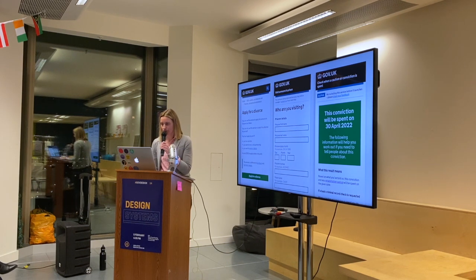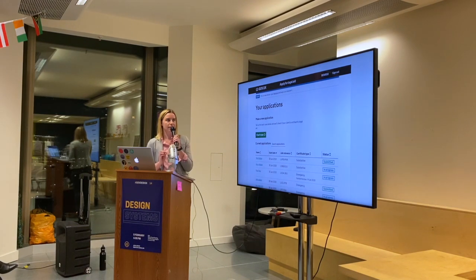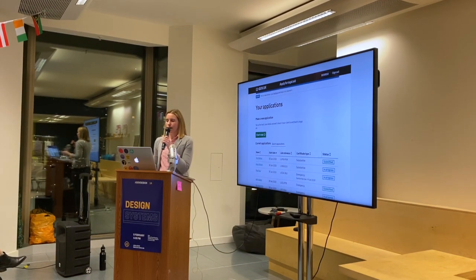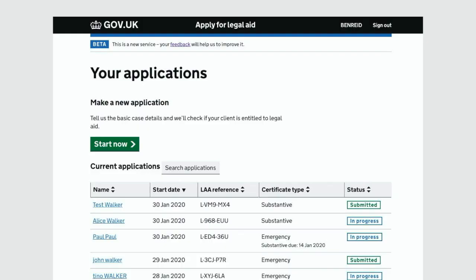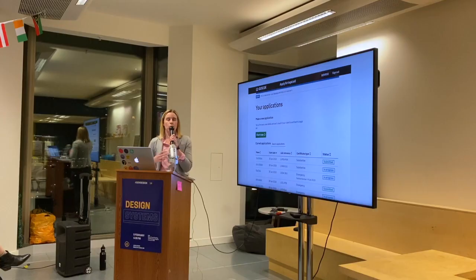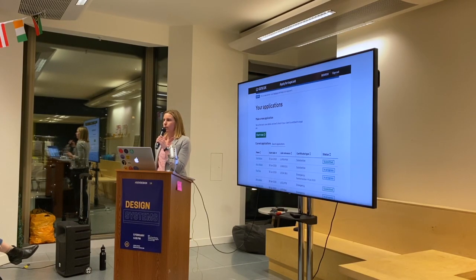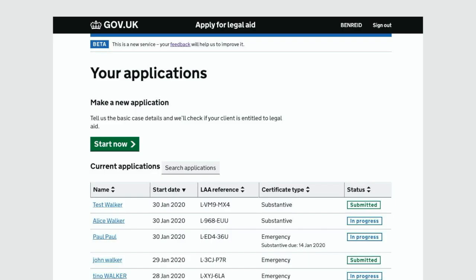We also have services for professional users or court staff. So it's not just about public-facing services and services for members of the public. We also have things like this where we have case lists, things for court staff to be able to deal with a large amount of data.